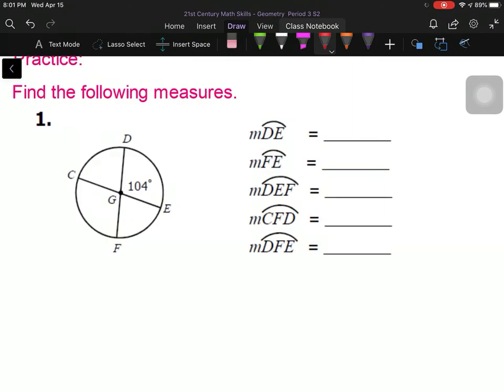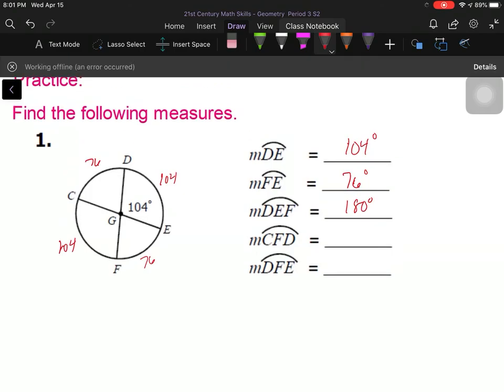All right, so it says find the following measures. So DE, arc DE, 104. FE, well, 180 minus 104, 76. So I know this is 76, this is 104, I know this is 76, I know this is 104. So DEF, that's 180.